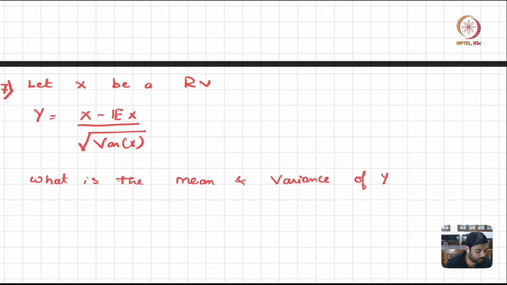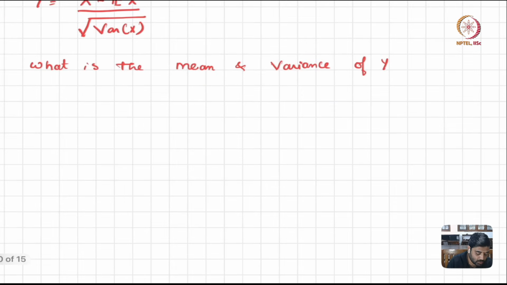So now let's make it easy. Let's say expectation of x is, let's call it mu. And the variance of x, let's use sigma square.